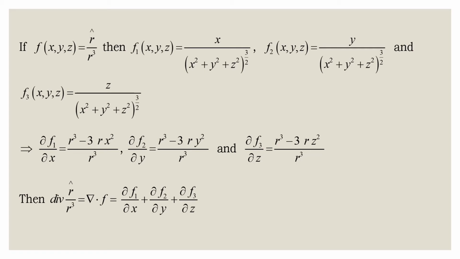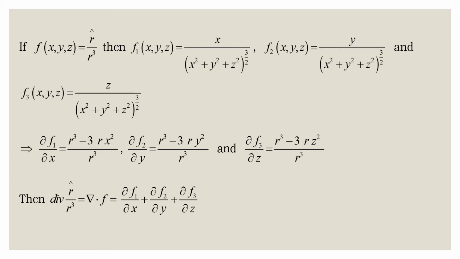r cube. Now, we need to find out their partial derivatives dou f1 by dou x, dou f2 by dou y and dou f3 by dou z. In this case, dou f1 by dou x equals dou by dou x of x upon (x square plus y square plus z square) whole power 3 by 2, or dou by dou x of x by r cube.